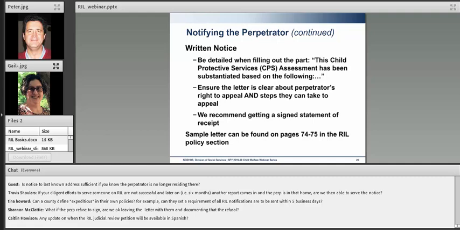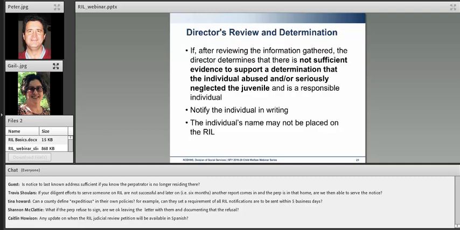That's it. You got one more. Yes. So if a person files a petition for judicial review, the director is required, again, not optional, to look at the evidence and determine whether there's sufficient evidence to support the determination that the individual abused or seriously neglected a juvenile and is responsible.